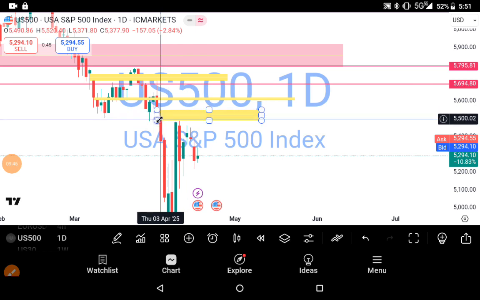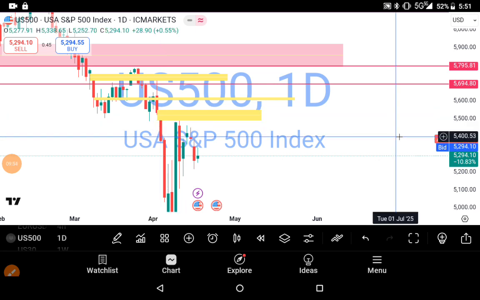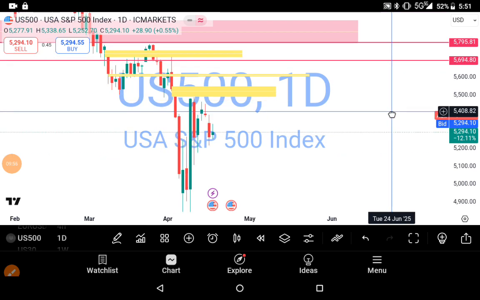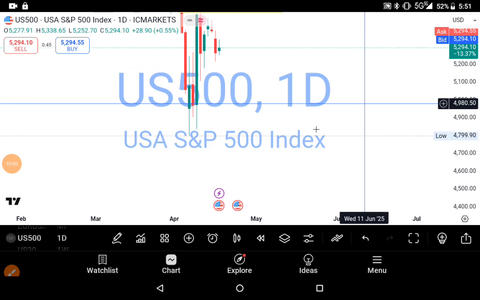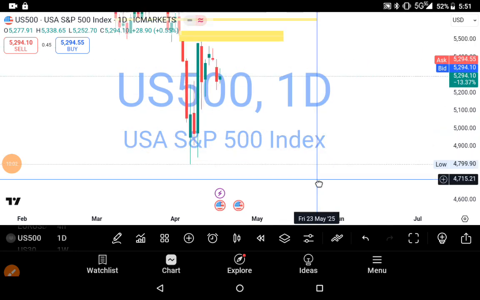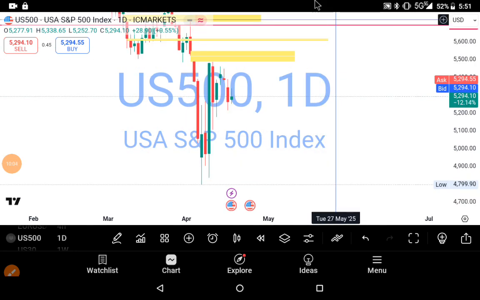So 5500 was not visited. That means I'll still be interested in the market price at least visiting that level. That means I'll be sticking to my previous week's bias.